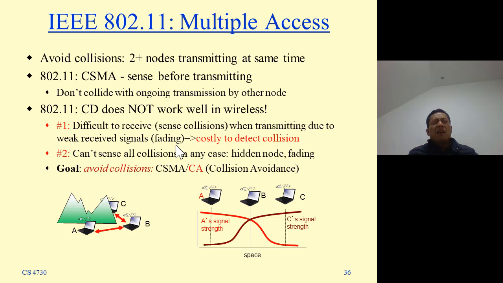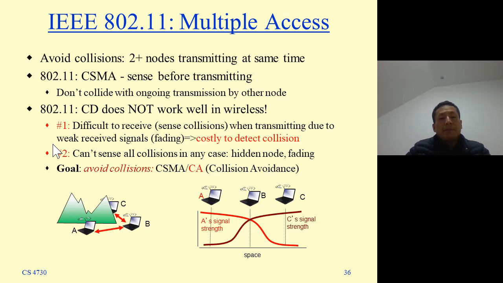In wired lines it's easy, but in wireless it could be very costly because of the fading. The signal is weak. That's why we do not do collision detection: some nodes are far, some nodes are close, these have different signals, and how do you decide it's a collision? It could be hard.